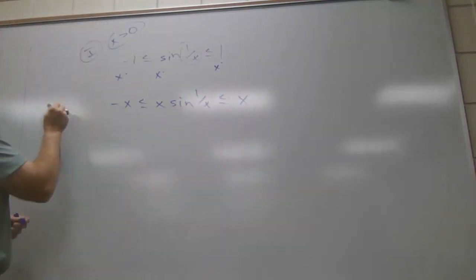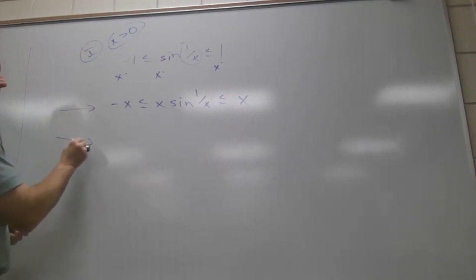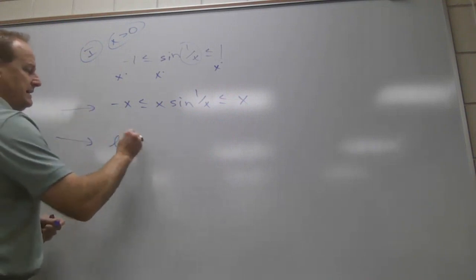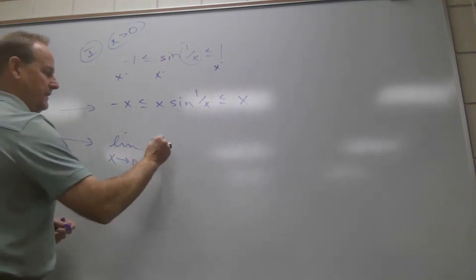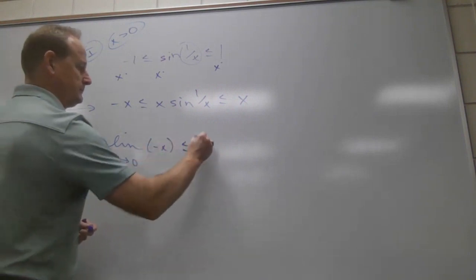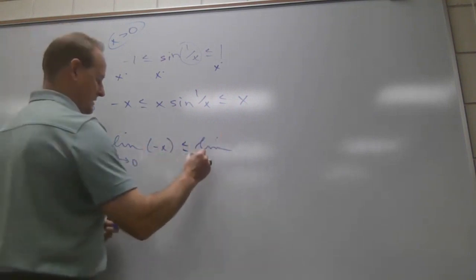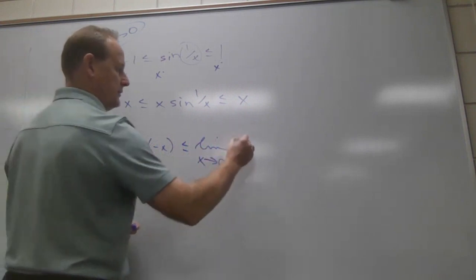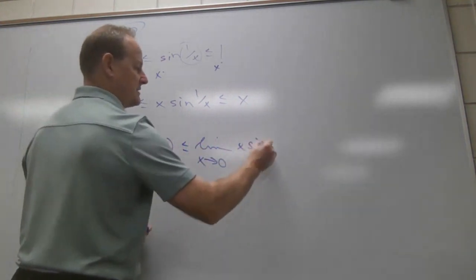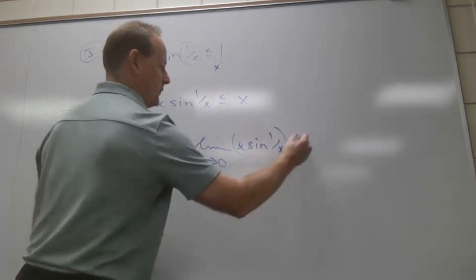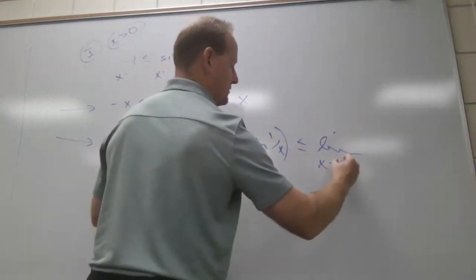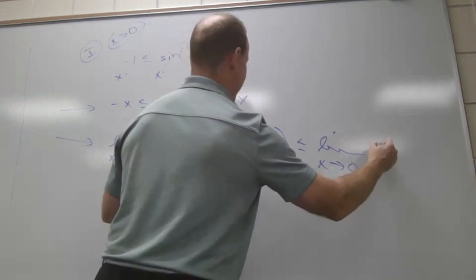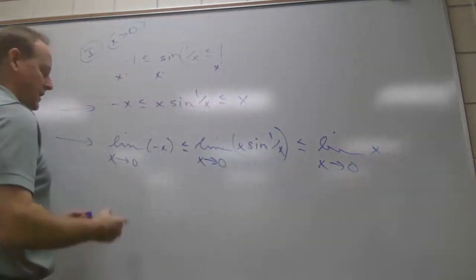So that implies that, now I can say that the limit as x approaches 0, the inequality is going to hold true for each one. So x sine 1 over x, which is what I'm looking for, is the one in the middle, and that's less than or equal to the limit as x approaches 0 of x on the right.